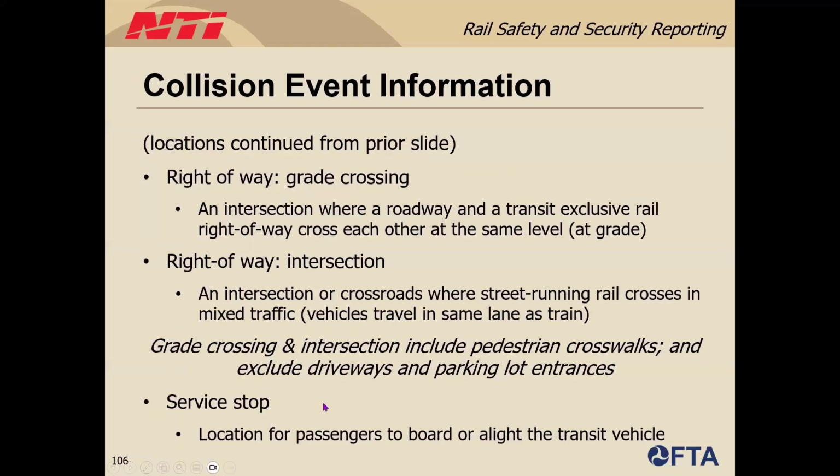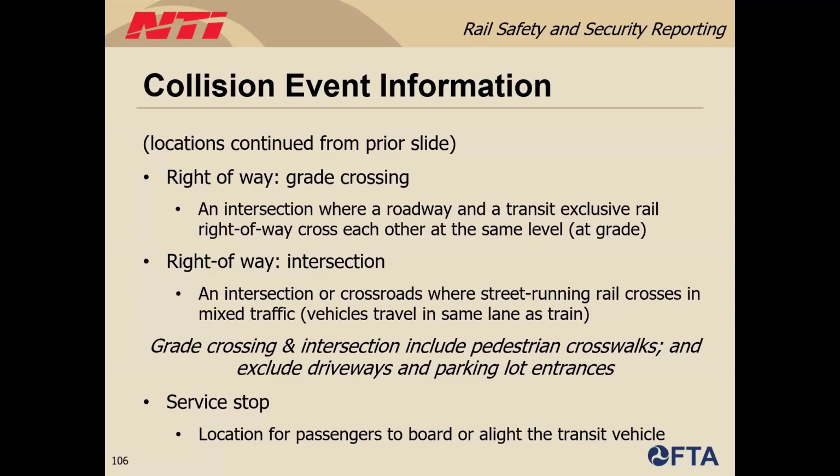And continue on with the locations, your right-of-way grade crossing has been clarified to mean an intersection where a road and a transit exclusive rail right-of-way cross each other at the same level, at grade. It's most common in light rail and hybrid rail mode systems. Next option is the right-of-way intersection selection.